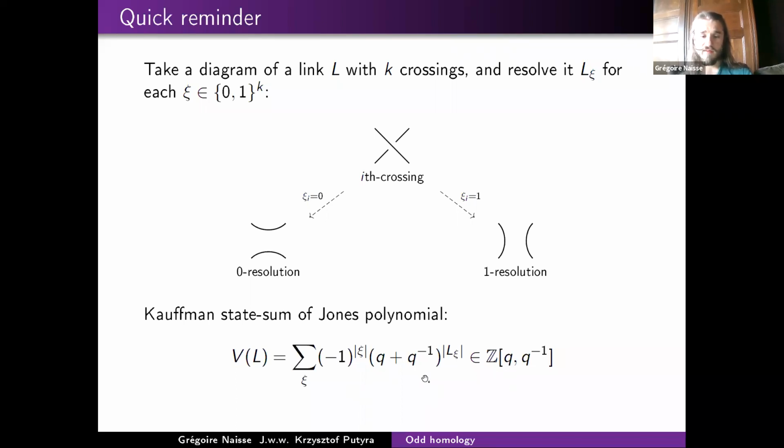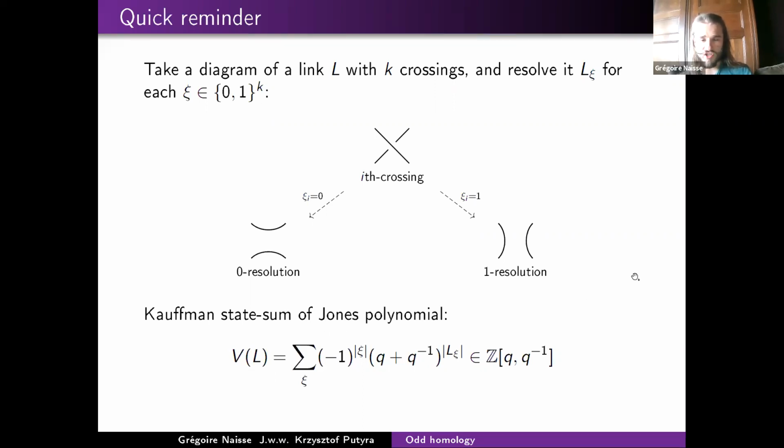And it appears that this polynomial is exactly the Jones polynomial. Well, maybe you have to renormalize, but don't worry too much about it. And this Jones polynomial is a famous link invariant introduced by Vaughan Jones in the mid 80s.